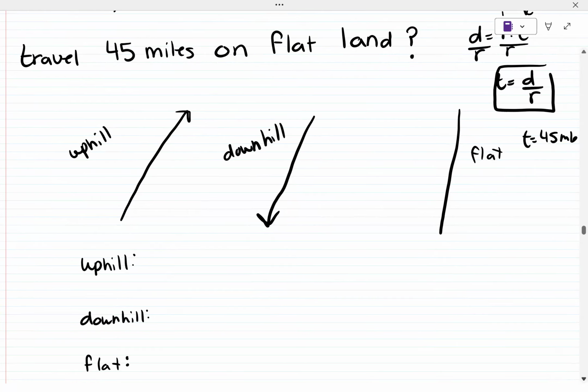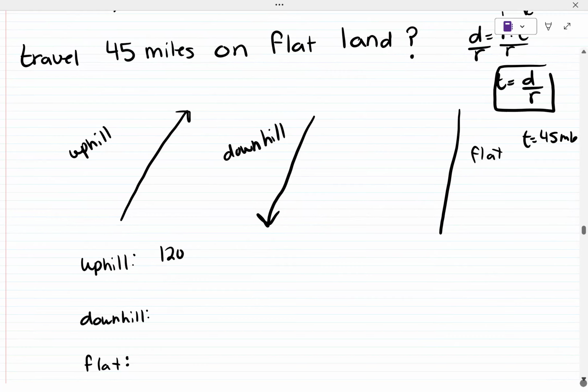Okay. So downhill, what did they say about downhill? It goes 120 miles per hour downhill. Right. So you can say 120. And then what else do they say?